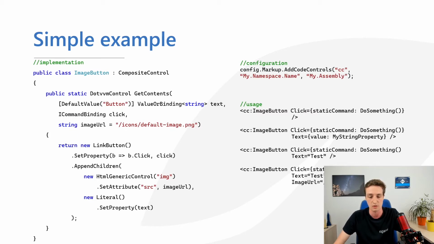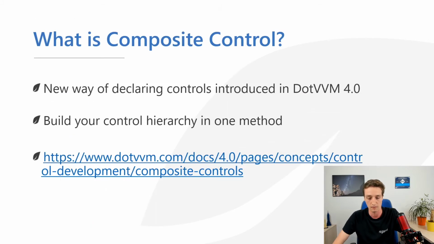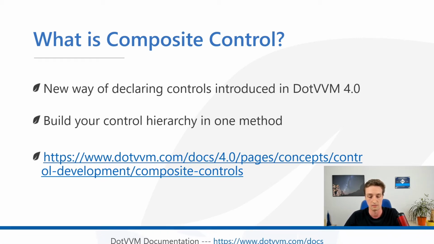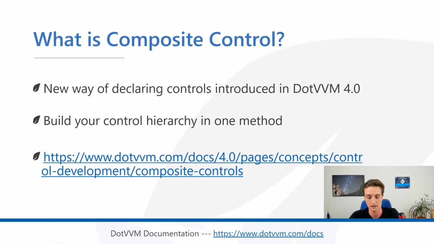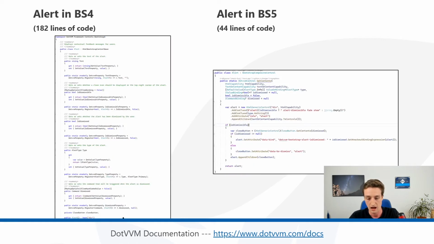So it's a good option to either introduce value or binding or e-value binding, which is an interface which you can also pass there to cover the whole hierarchy of types which you can pass to this getContents method. You can visit this page and simply take a closer look.